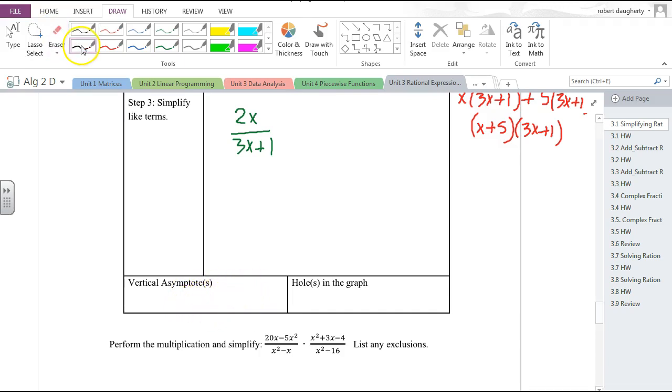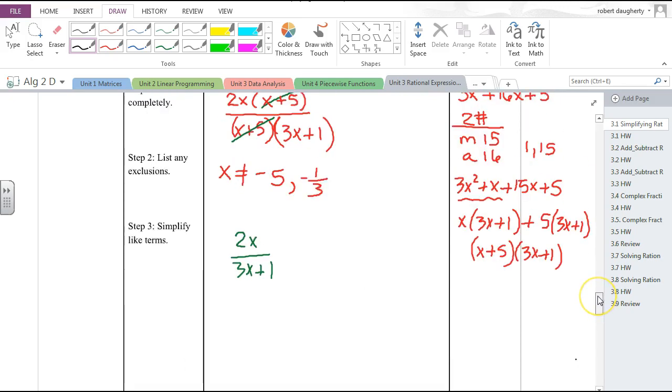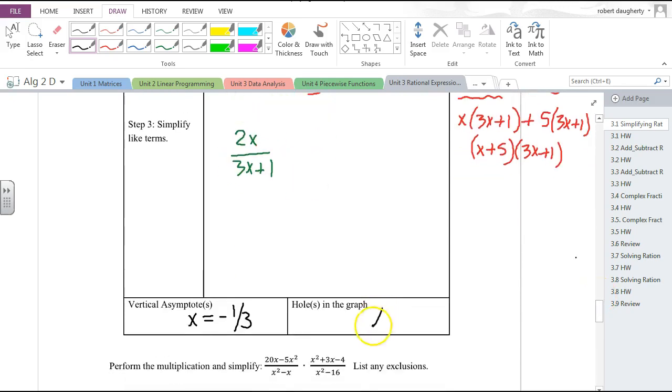So there is a vertical asymptote at x equal -1/3. What is the hole in the graph? The first one was -5. So x equal -5 is a hole in the graph. Okay?